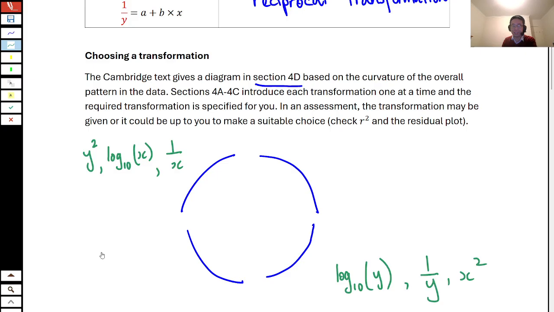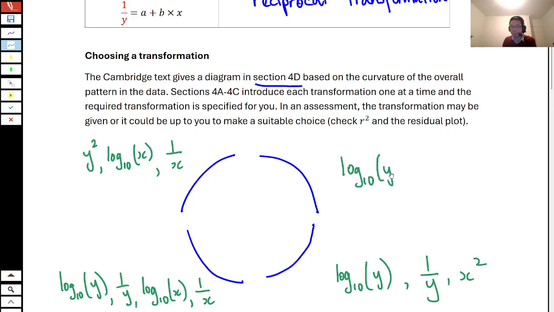If your data is decreasing from left to right, and the rate of decrease is getting smaller and smaller, the transformations which are suggested are log of y, 1 on y, log of x, and 1 on x. If your data is decreasing and the rate of decrease is increasing, then the transformations are log y, 1 on y, and x squared.